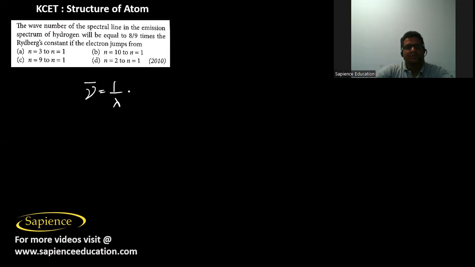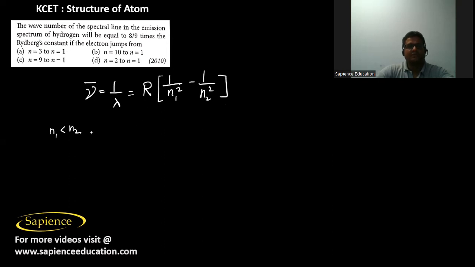So nu bar, 1 by lambda, we know, equals R, the Rydberg constant, into 1 by n1 square minus 1 by n2 square. And here n1 should be less than n2.